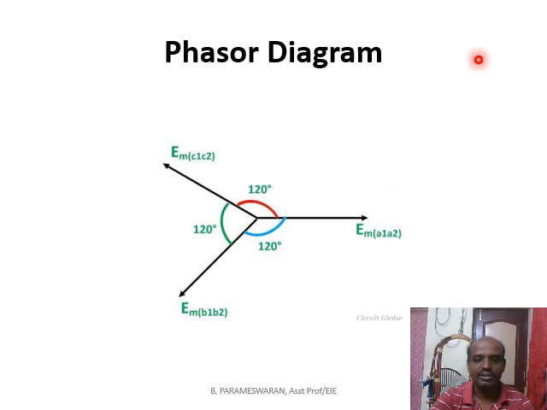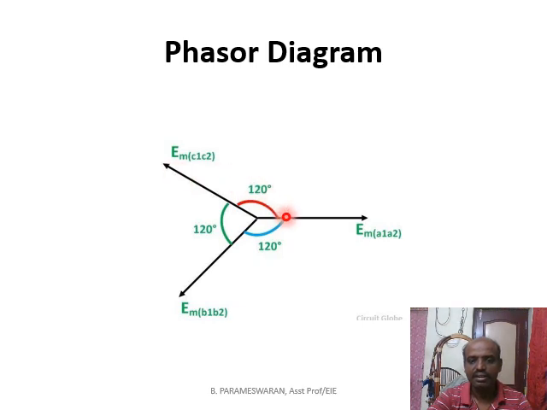So this is the phasor diagram. For drawing the phasor diagram, we are taking A1 A2 as the reference, so it will be on the reference line. The second conductor produces an EMF 120 degrees apart. So this is the EMF induced in the second coil. From this, 120 degrees further, you have the third coil.